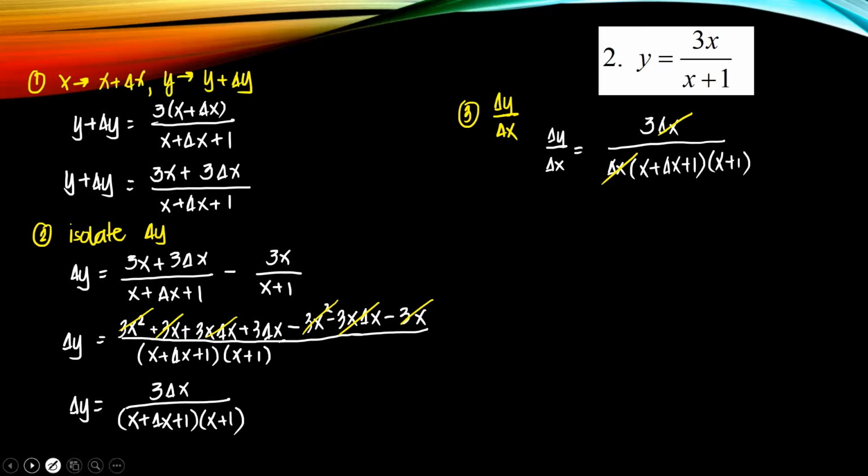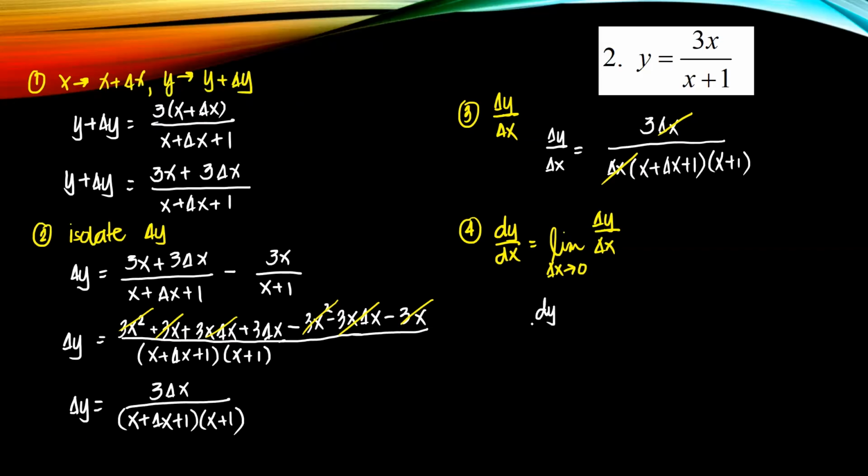So let's solve for the limit immediately. The derivative is actually the limit of delta y over delta x as delta x approaches 0. So let's solve for the limit.